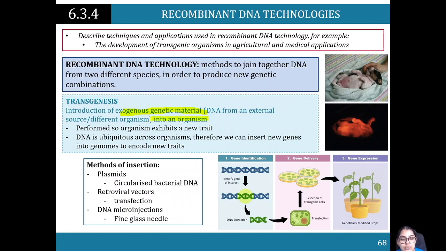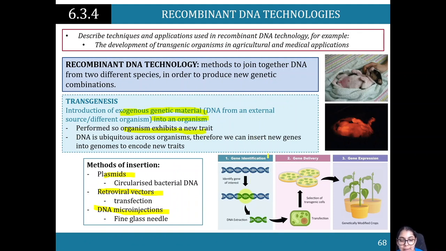It is performed so that the organism can exhibit a new trait. Remember, DNA is ubiquitous, it's the same across organisms, so we can insert new genes into genomes. We can do it through plasmids, retroviral vectors, or DNA microinjection, which uses a fine glass needle. This can be done for agricultural and medical applications.